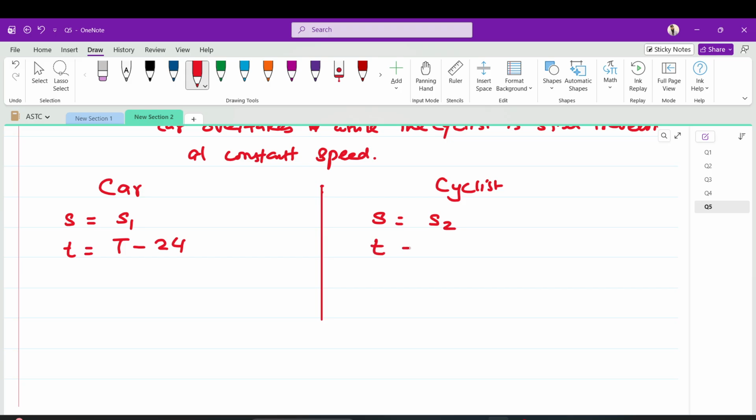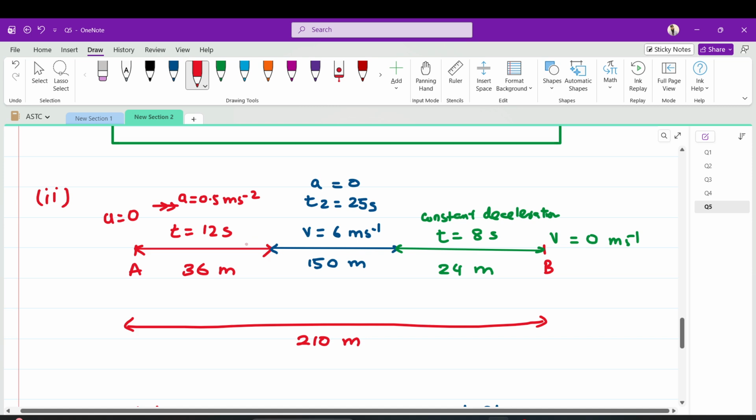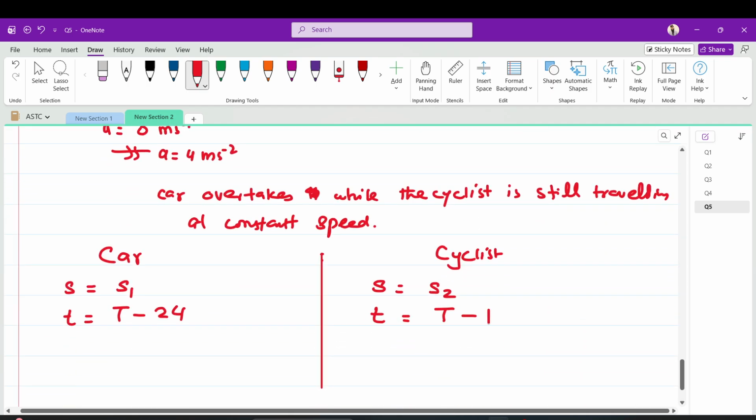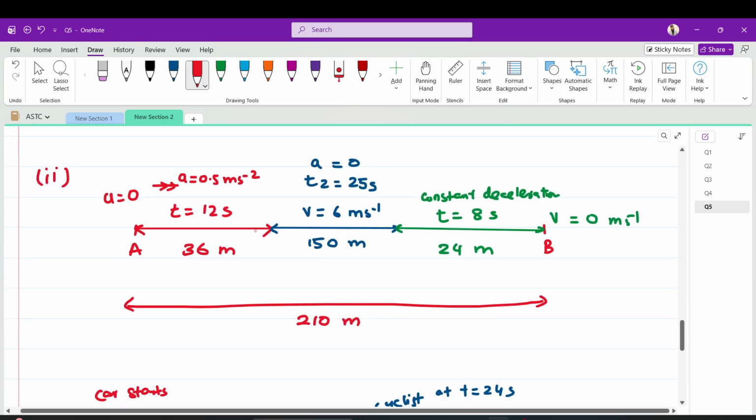Similarly, for the cyclist, from the total time, we have to remove the time that was in the red region, because I'm going to write the data related to the blue region, right? The car is at this point. So I have to discard the first 12 seconds, because that has already been taken into account in the total time. So I'm going to write t minus 12 seconds, because for the first 12 seconds the cyclist has already traveled, and now the cyclist is in this region, and we have to do calculations in this region.